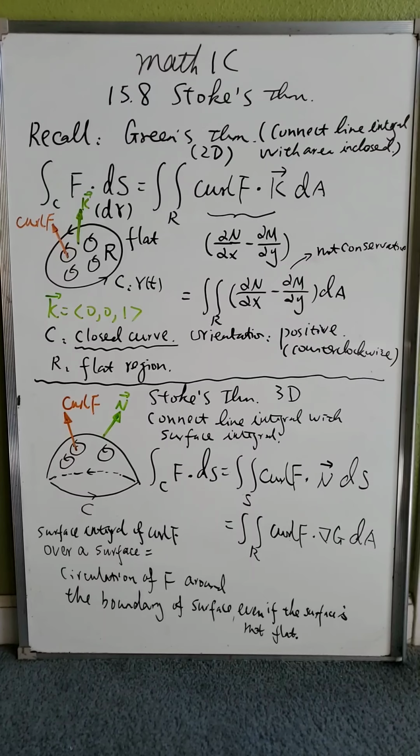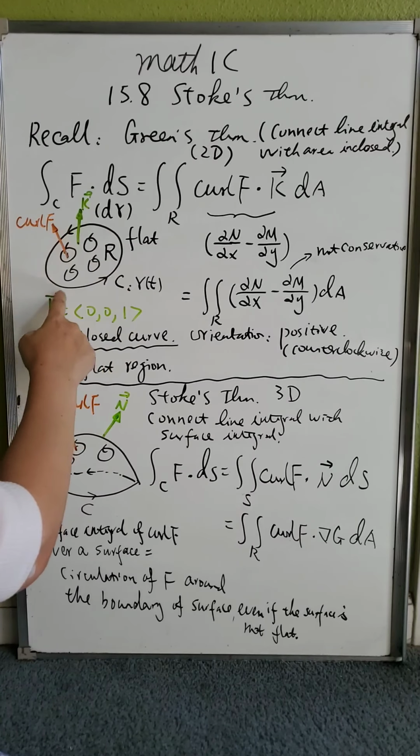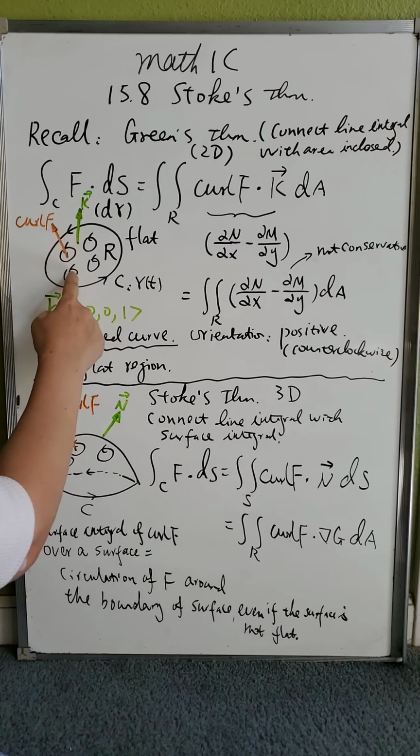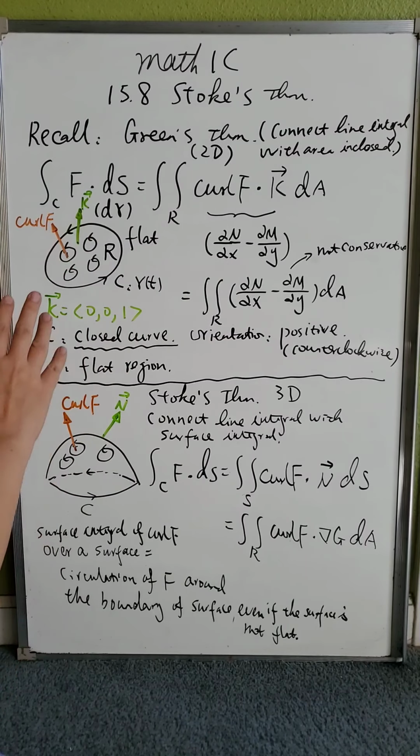So when Stokes was a professor there, he found Green's theorem in the library, and he was very shocked that someone can calculate the work done, the circulation along the curve, by using the circulation inside the curve. Okay, this is flat. So he started to do a three-dimensional version of it, and he did it right.